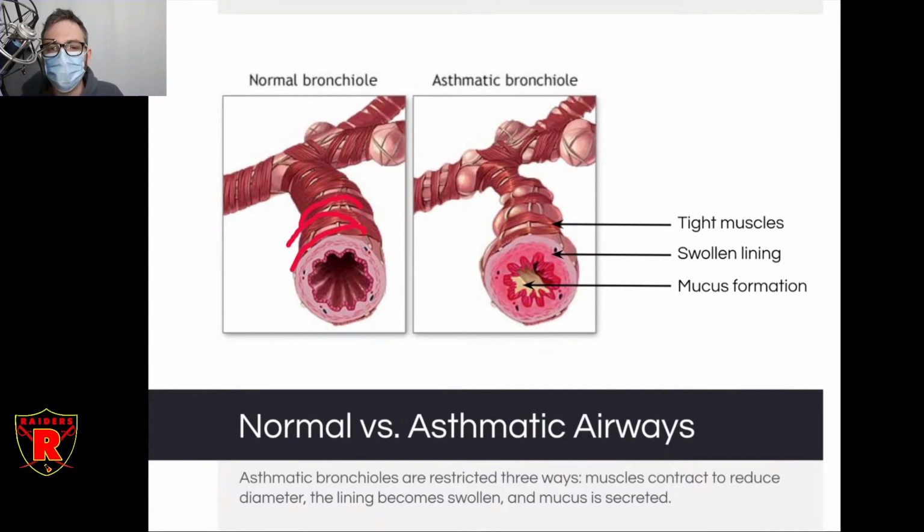However, individuals with asthma have a tendency to get inflammation, first of all, on the inside of the bronchiole, which causes swelling. That swelling is made much worse by the fact that the muscles around the bronchioles constrict, narrowing the bronchioles and making it much harder to push air through the tiny airways.